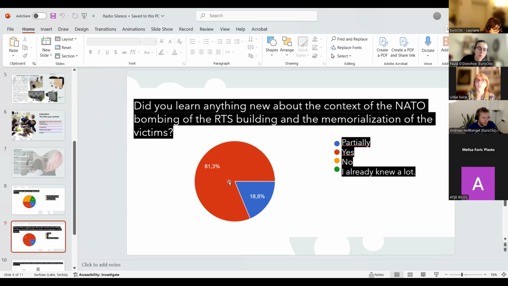They didn't even know that people were arrested after the democratic changes here in Serbia, due to the fact that, for example, the director of the RTS at that time served a sentence of 10 years because he didn't protect the building itself and the employees.